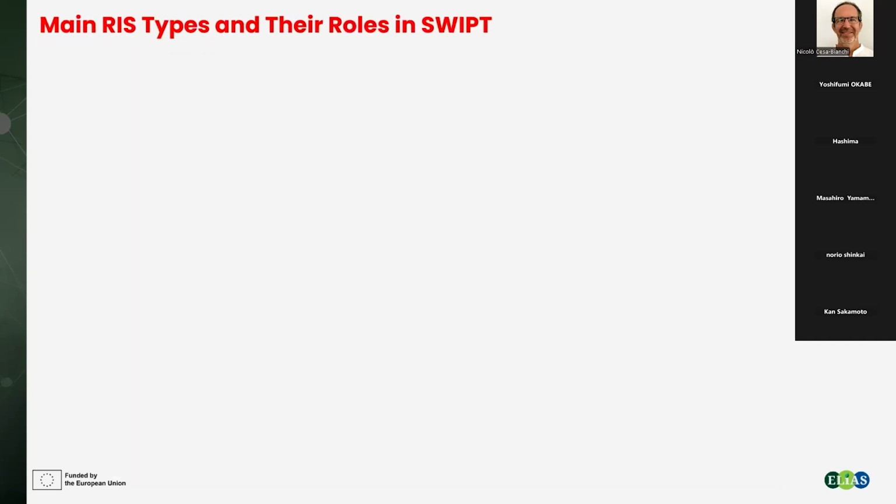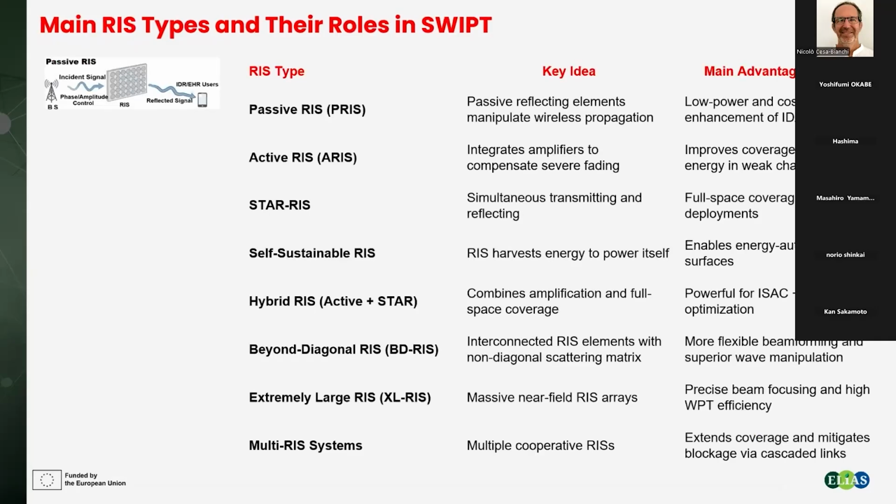So we started RIS with passive RIS, which only reflects the signal. Its advantage for SWIPT is that it is low power and cost efficient. But over the years, there have been more types of RIS with more complexity.